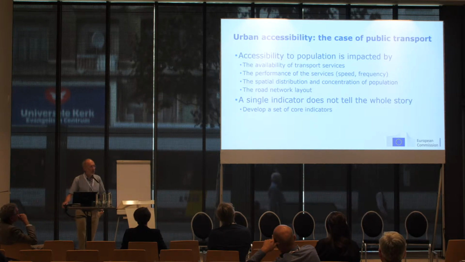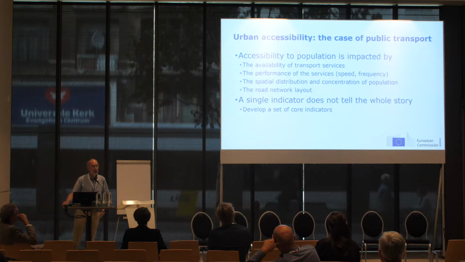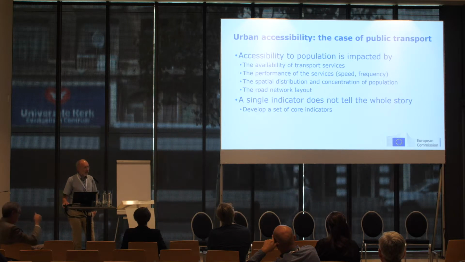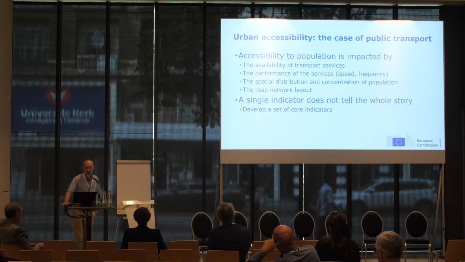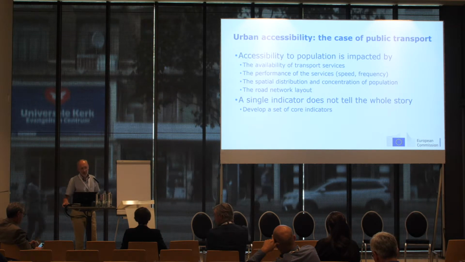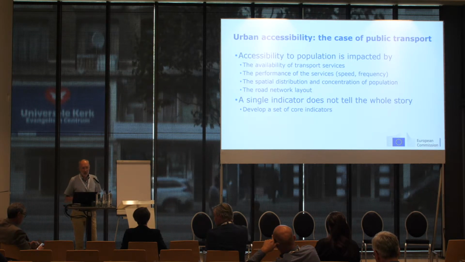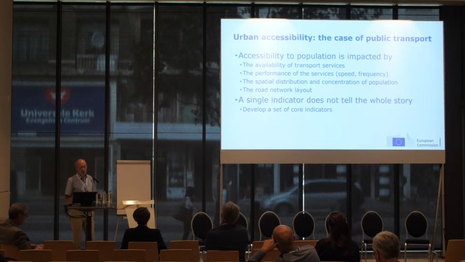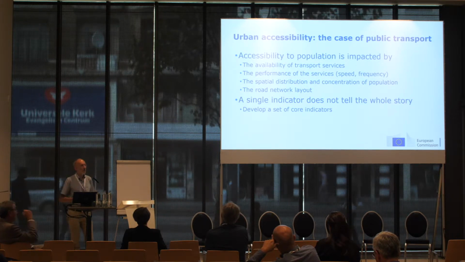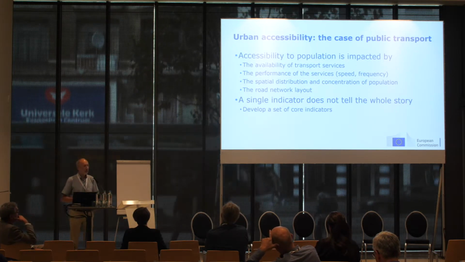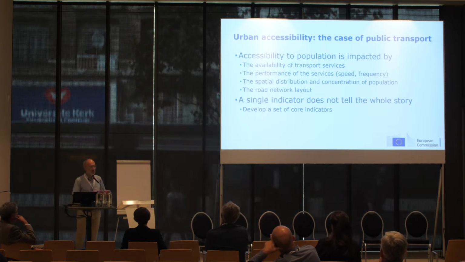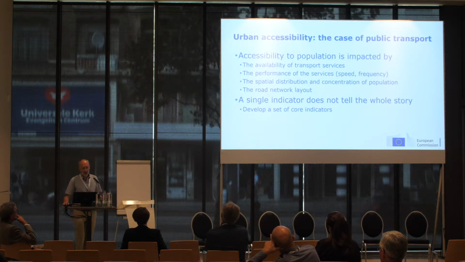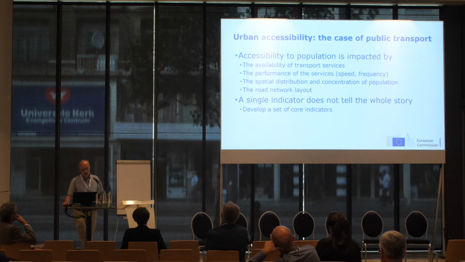Now, going to urban accessibility, let's first have a look at the case of public transport. As accessibility to population is clearly impacted by numerous factors like the availability of the transport services, their performance in terms of speed and frequency, but also by the spatial population distribution and the concentration of its population in the urban centers, and by the road network layout, it's obvious that a single indicator saying something about public transport and accessibility will never tell the whole story.